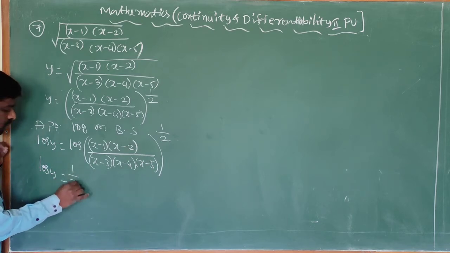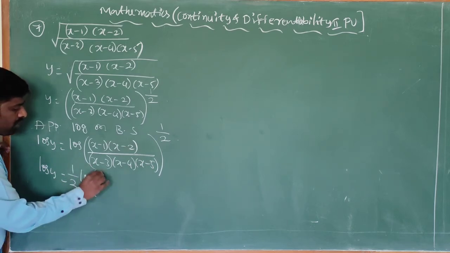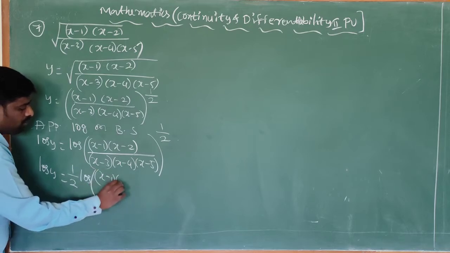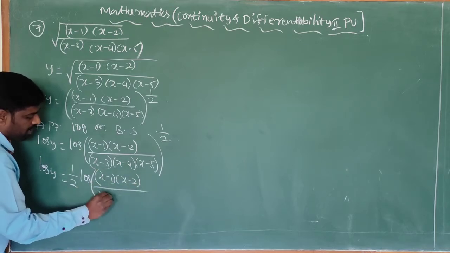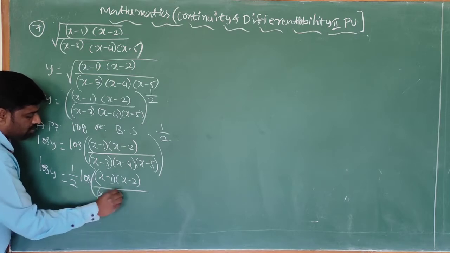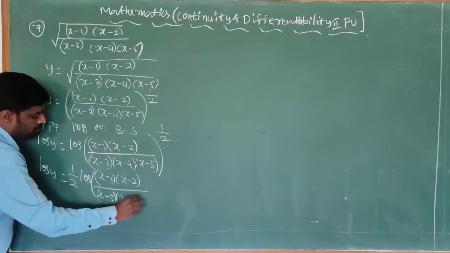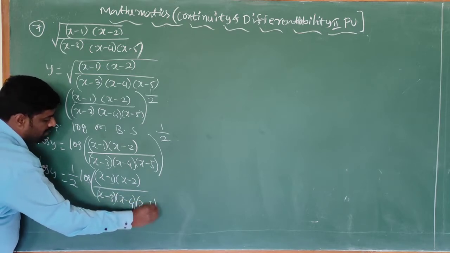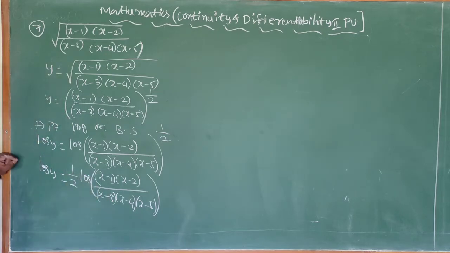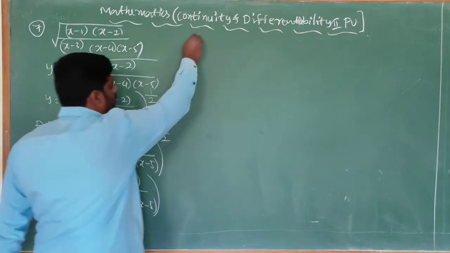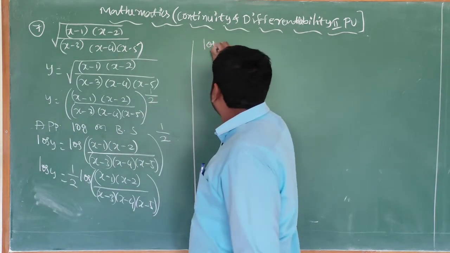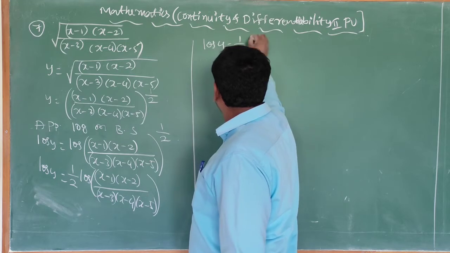So log y is equal to 1 by 2 log of (x minus 1)(x minus 2) divided by (x minus 3)(x minus 4)(x minus 5). Now again you have to apply the property.